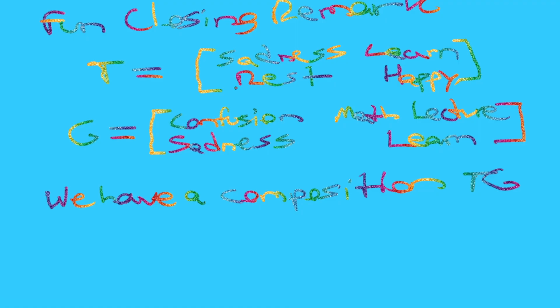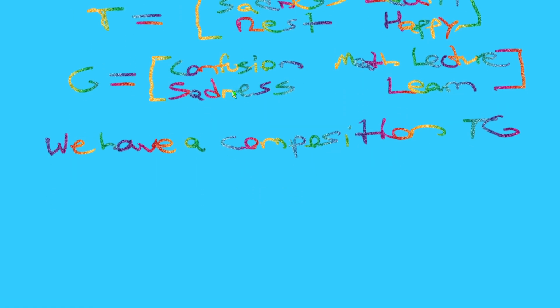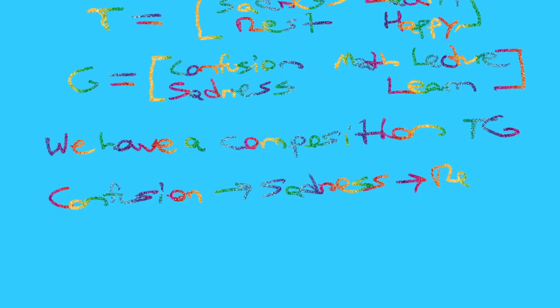So let's say we have a composition T, well, let's take a look at the elements of T and G. So we have confusion, which leads to sadness, which leads to rest.